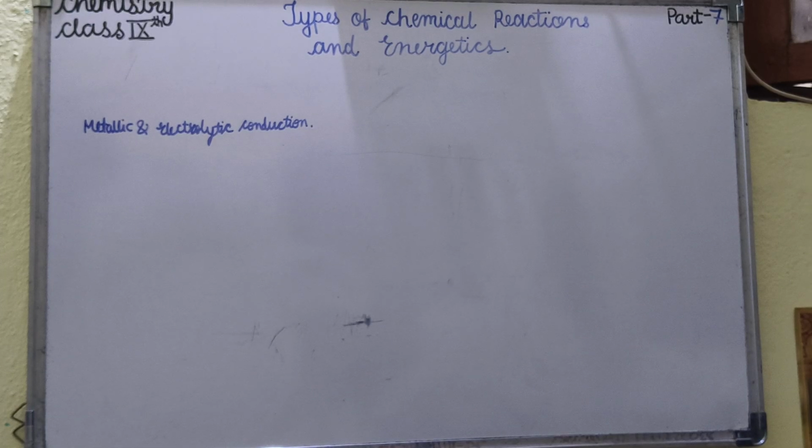The definition, if you want to know: electrolysis is a process by which a chemical substance in its fused state or in aqueous solution is decomposed by the passage of an electric current, resulting in the discharge of ions at the respective electrodes.